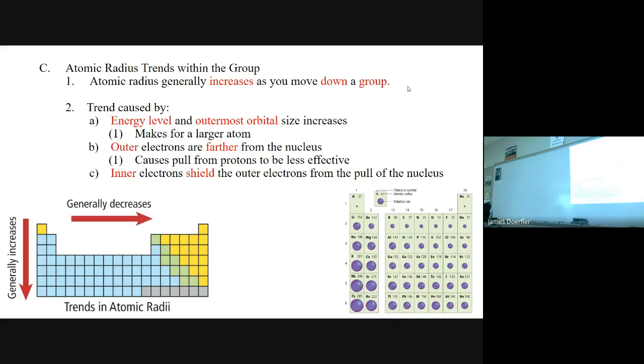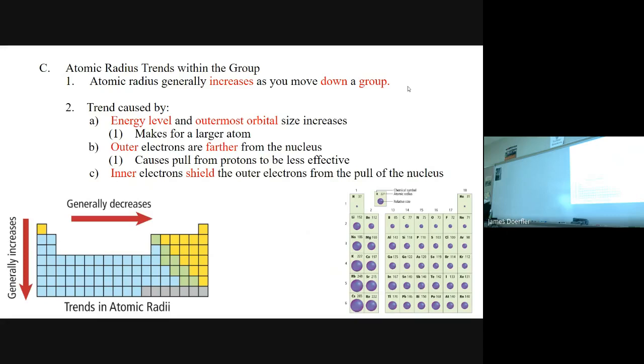It's very similar to if you took a South Pole magnet and a North Pole magnet, and you moved them farther away, their attraction to each other is going to be minimized. So the farther they get away, the less pull the protons are going to have on those valence electrons.